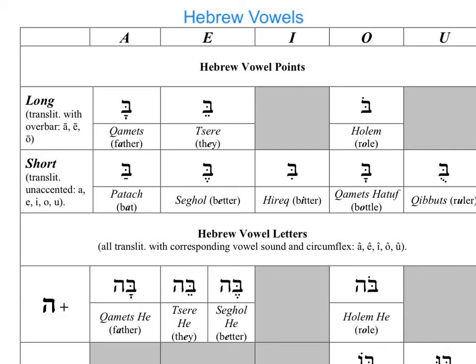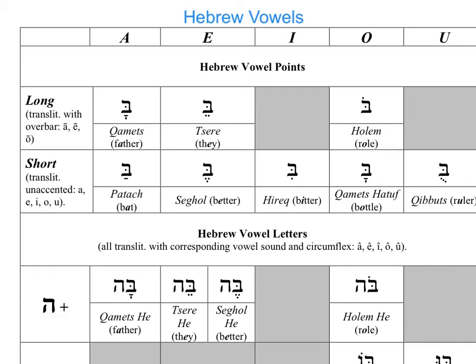The hidik was a short I, as in the word bitter, bi. The holum was a long O, as in the word roll or bow. The kametz hatuf was a short O, as in the word bottle or ba. And then lastly, we're back to our kibbutz, which was that short U, as in ruler, boo.